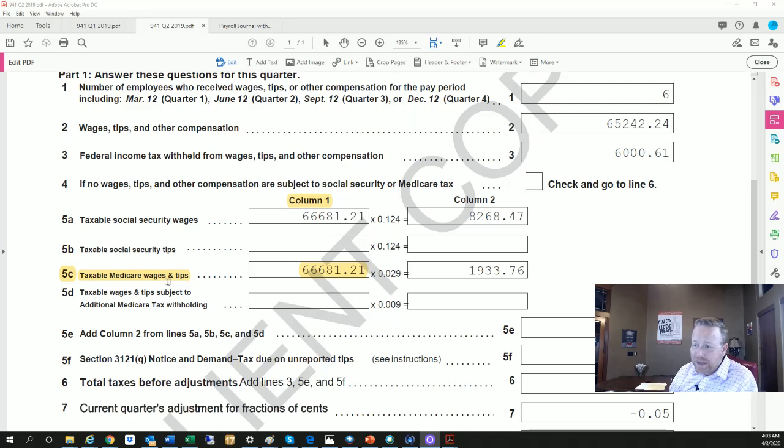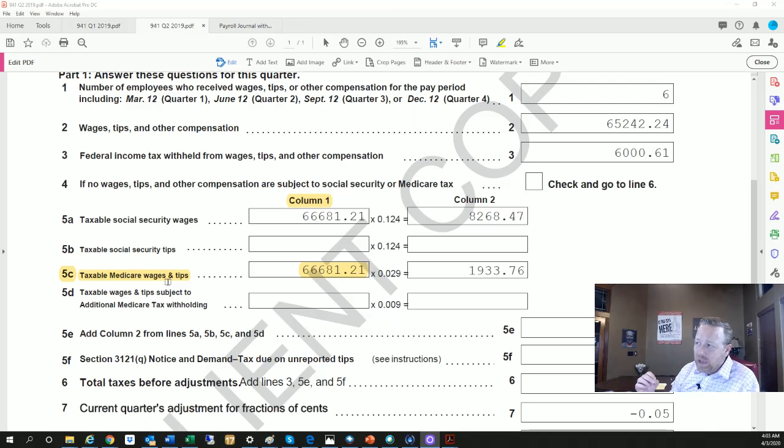When you're talking about 941s and Medicare wages, whenever I'm going around and speaking about other aspects of the law, taxable Medicare wages is the most pure number. Pure as in there's not a limit to the amount of Medicare tax that's assessed on wages.